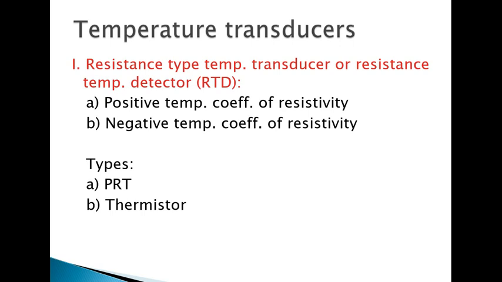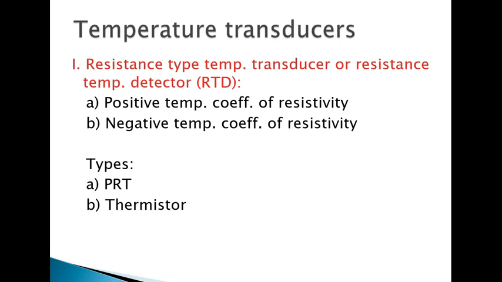So how this temperature is converted into an electrical signal, that we have to see. The most important temperature transducer available in the market now is the resistance type temperature detector, also called the resistance temperature detector, that is RTD. If you see this RTD, which mechanism and which property is used here, that we have to see, that is very interesting.